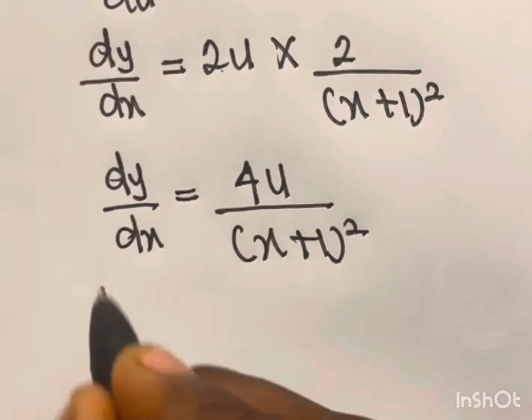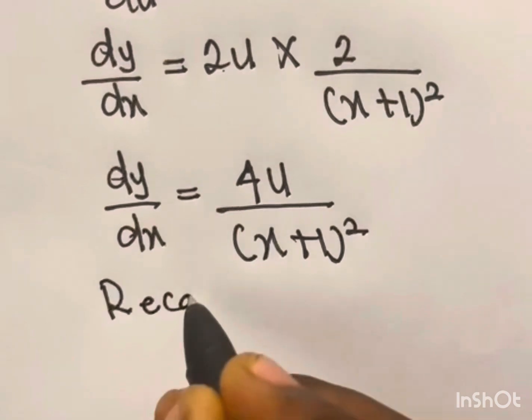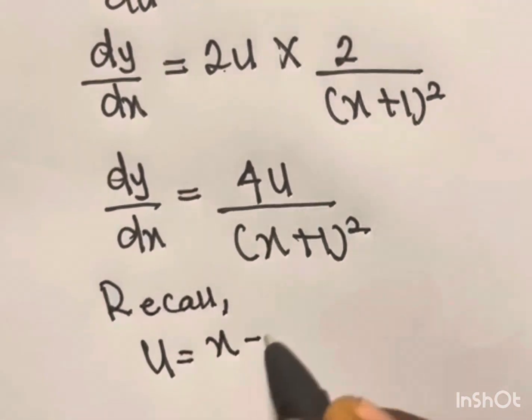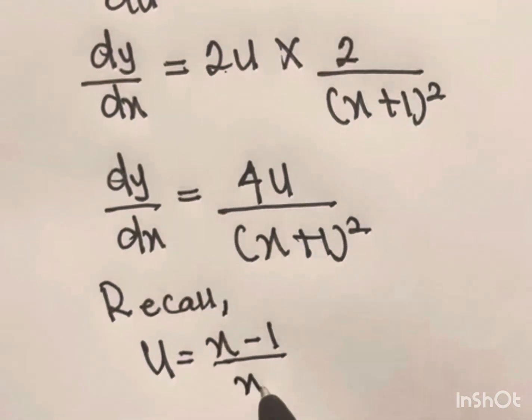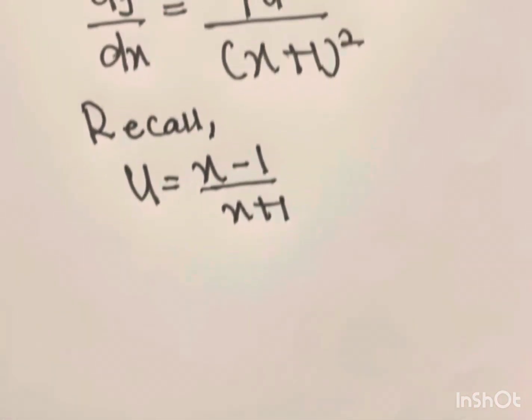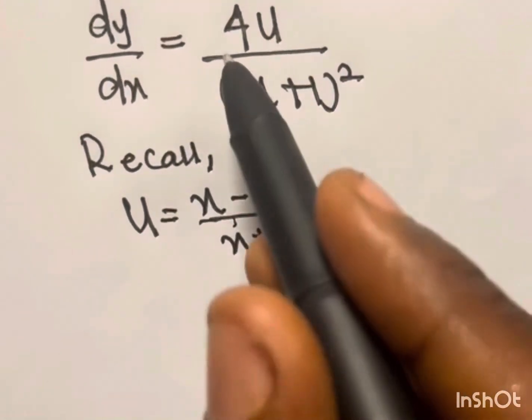But recall that our u is equal to x minus 1 divided by x plus 1 from the beginning. So we now substitute this in.